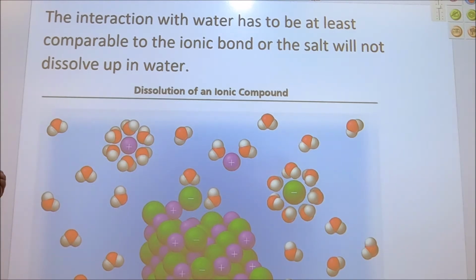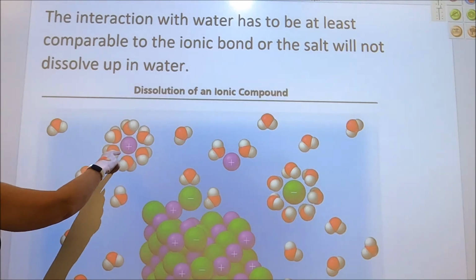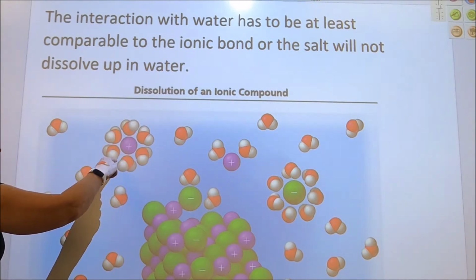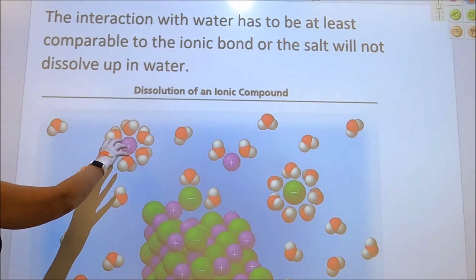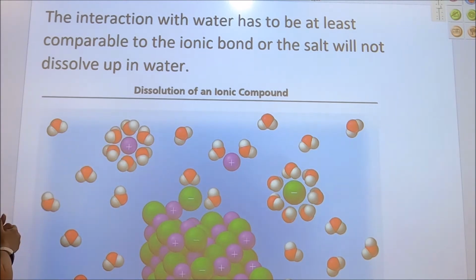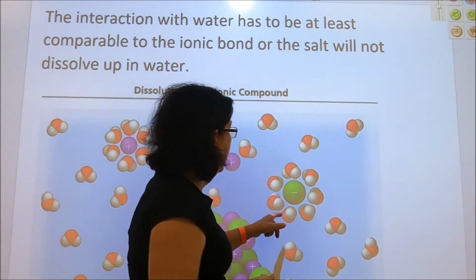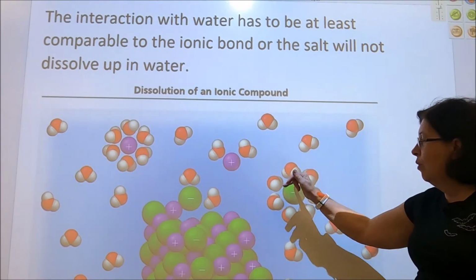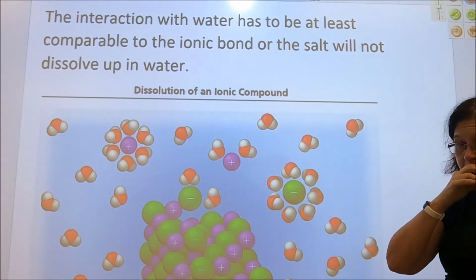The chloride ion gives up its interaction with the sodium ion to dissolve in water. And when a sodium ion dissolves in water, it surrounds itself by 6 water molecules, with all of the oxygen ends pointing in. Chlorine gets an entourage of 6 water molecules also, with the hydrogens moving in.